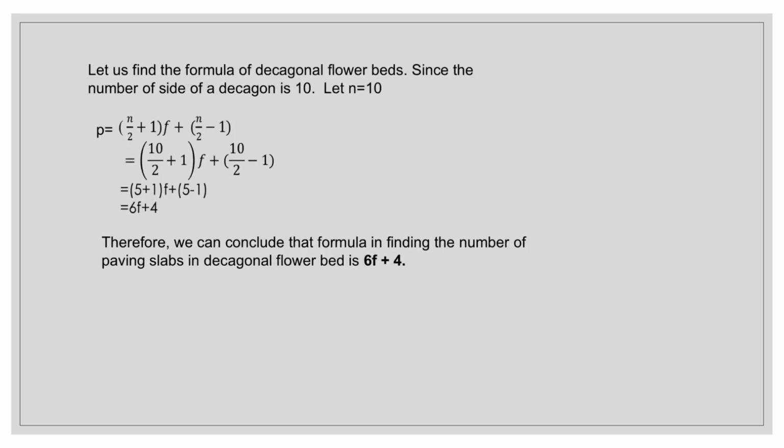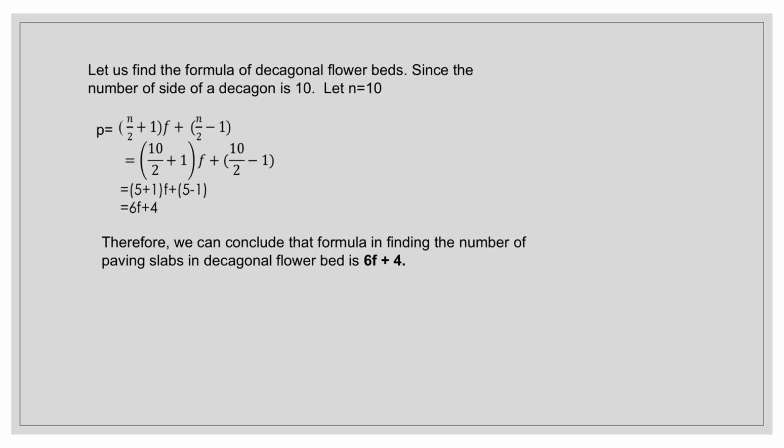Let us find the formula of decagon flower beds. Since the number of sides of decagon is 10, let n is equal to 10. So, isa-substitute lahat natin ng n sa 10. So, P is equal to quantity n over 2 plus 1 multiplied by F plus quantity n over 2 minus 1.